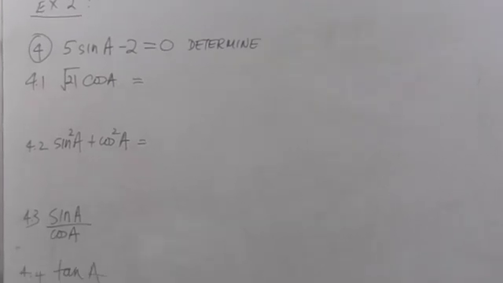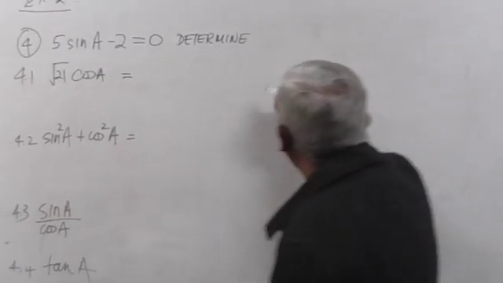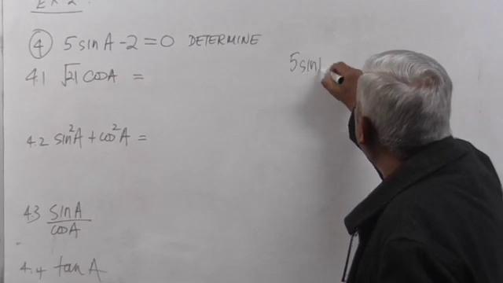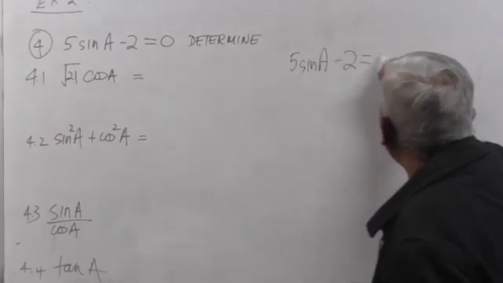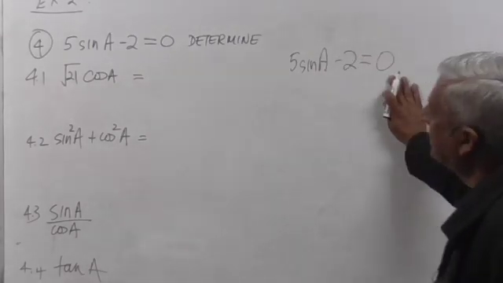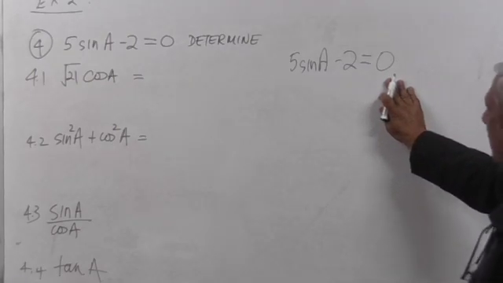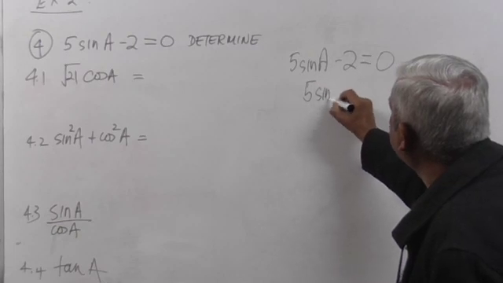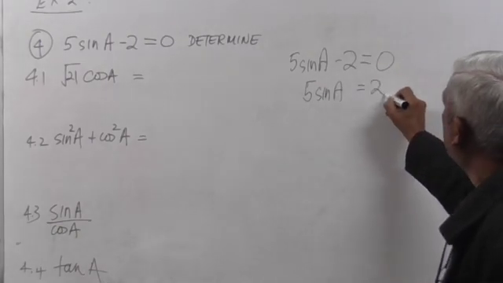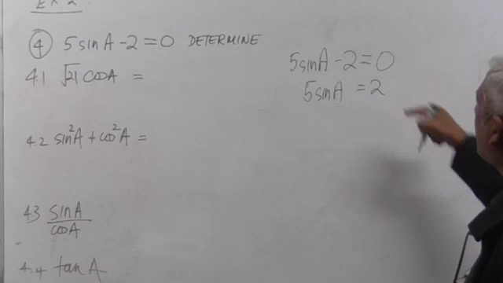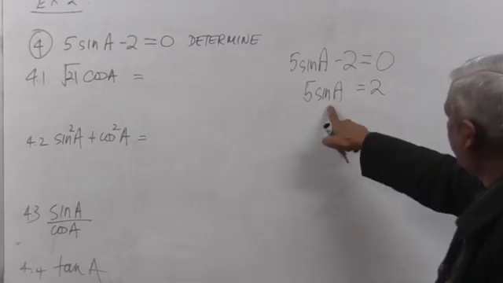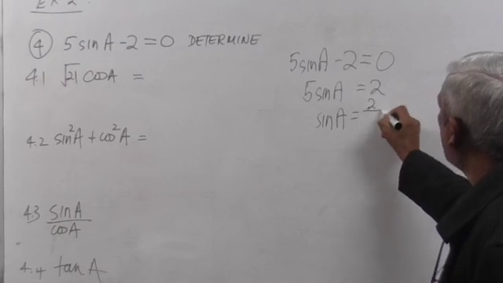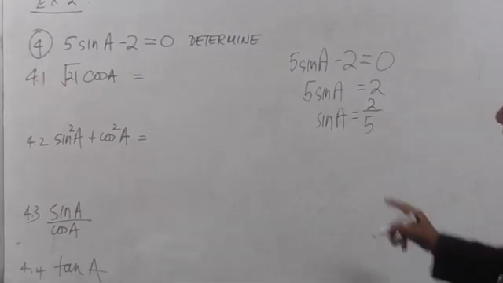Now if I just go across this side, you were given 5 sine A minus 2 is equal to 0. That was given. So you apply the rules of equation. So you will say 5 sine A is equal to 2. You're bringing that on this side, law of equation. Now you have to divide. So sine A is equal to 2 over 5. Now this is sine.